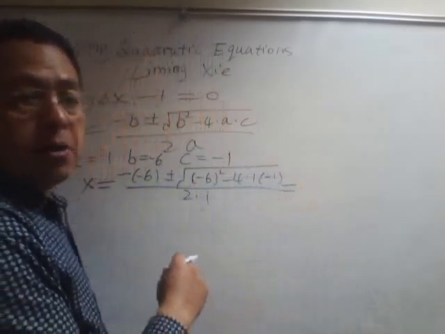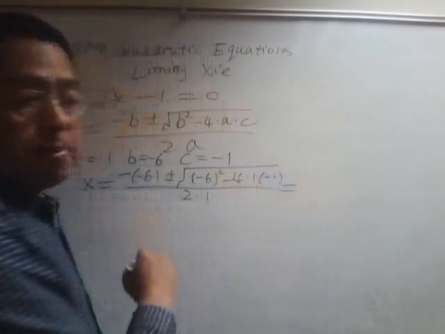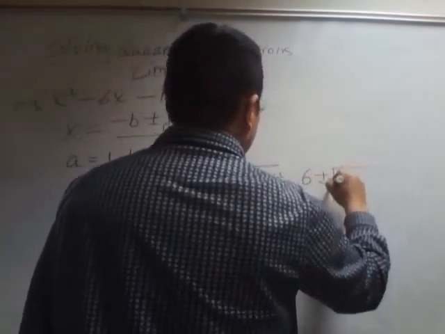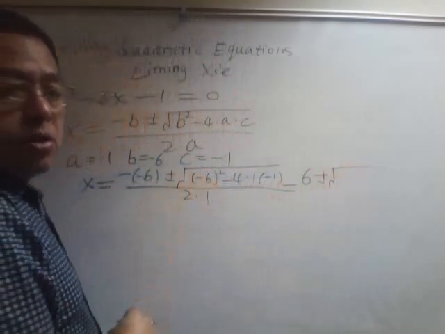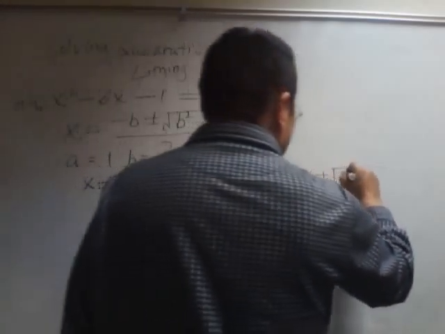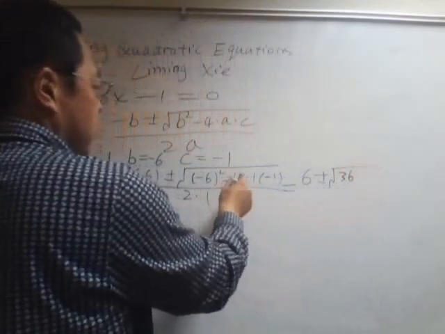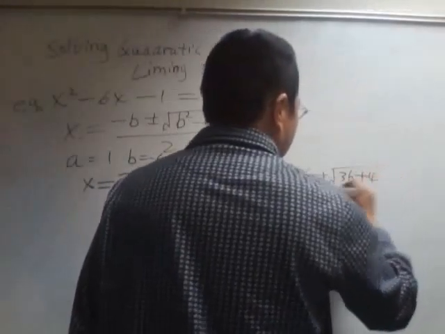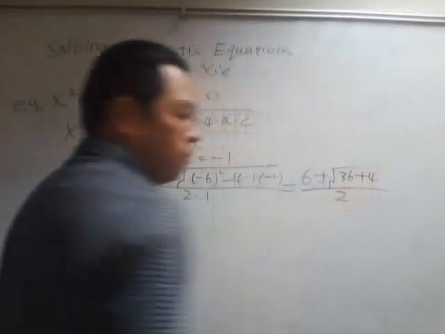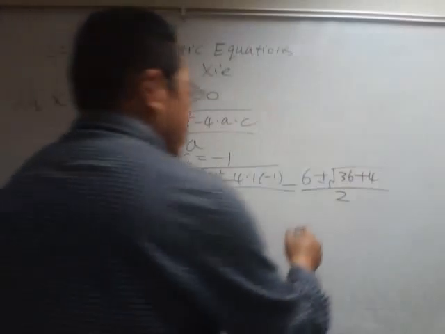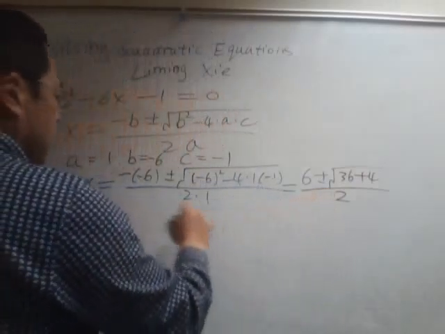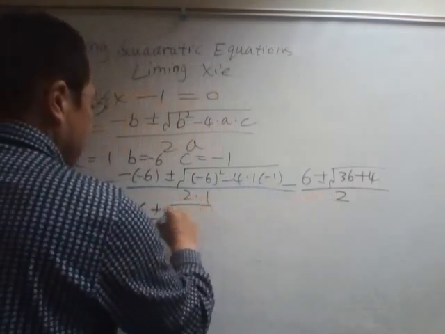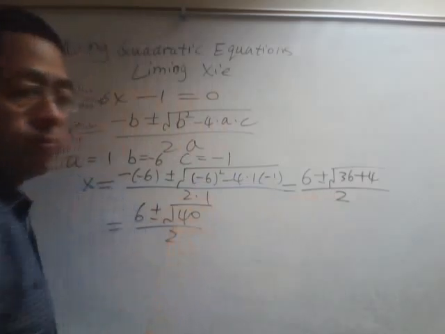Here, we keep going. Two negatives make a positive, so 6 plus or minus, and negative 6 squared is 36. Then negative 4 times 1 times negative 1 is plus 4, all divided by 2, right? And then we move on, so that's 6 plus or minus the square root of 40, divided by 2.